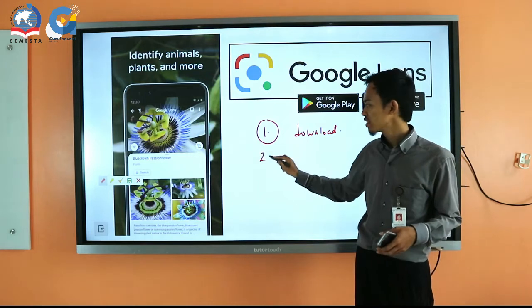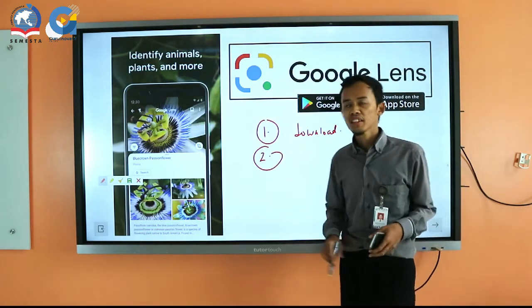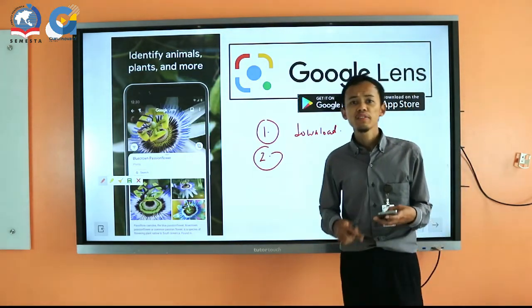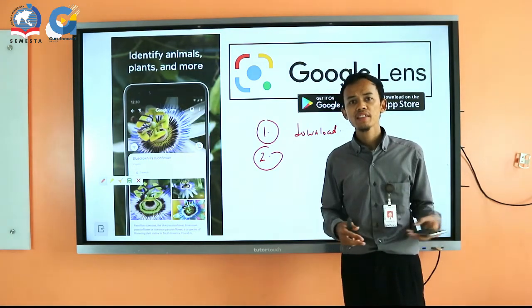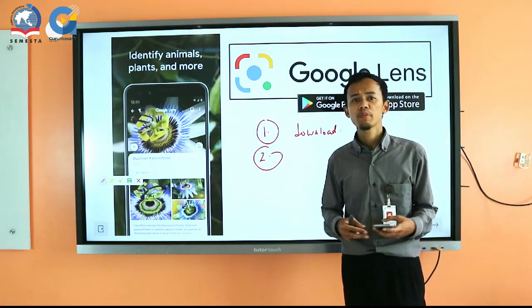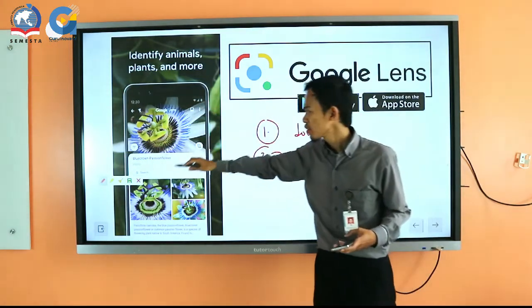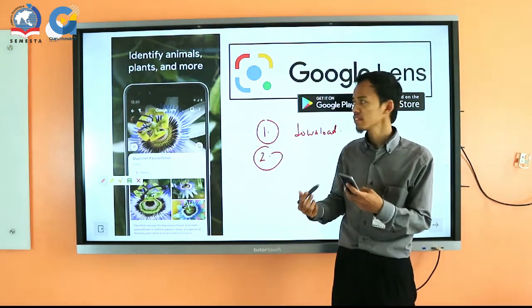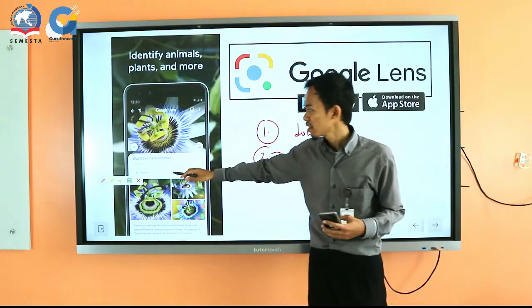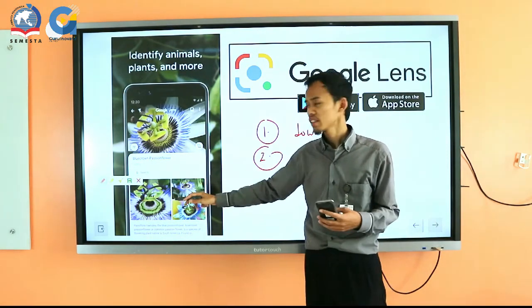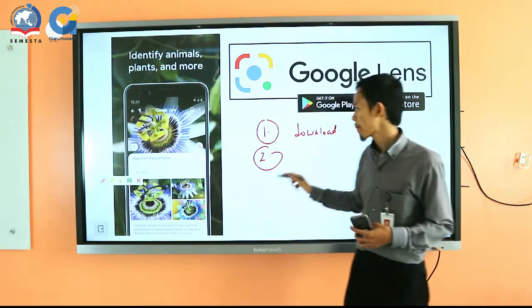And then, after downloading, you try to identify pets or species, animals, plants nearby your home, and scan with your smartphone camera, and automatically it will show you the description, species name, and other information. Try.